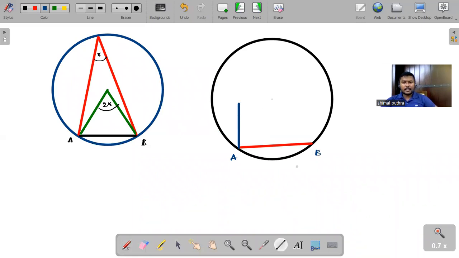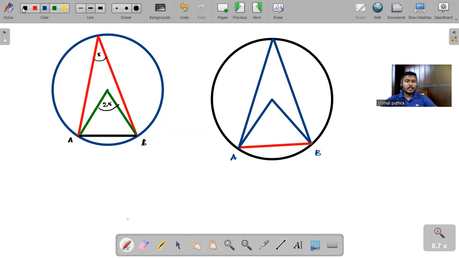Then someone has created the angle in the circumference, and has created this angle in the center point by using the same AB. Someone told me this is equal to 40. Then what should be this angle? This should be equal to 80. Okay, we found a combination.